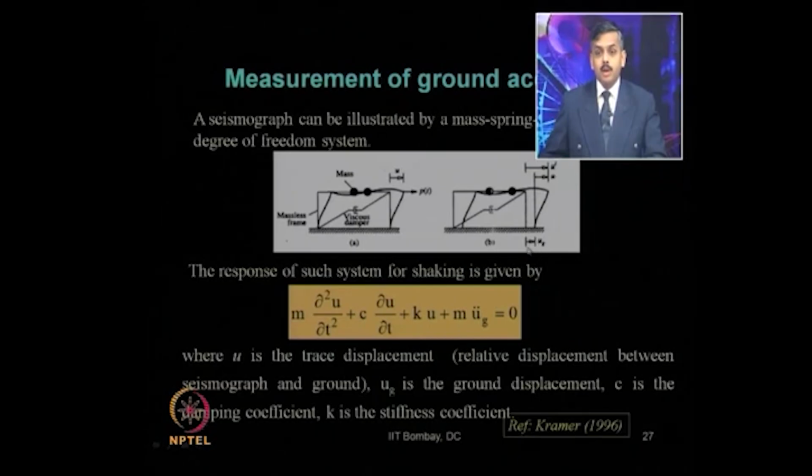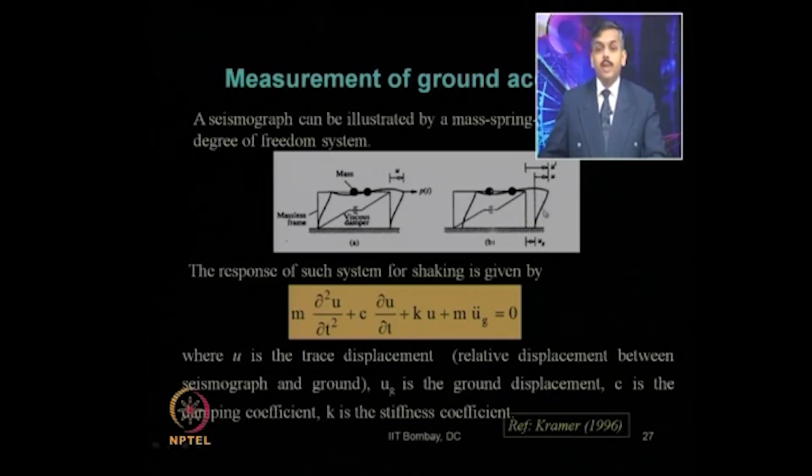As we know, ground will be moved by a certain distance due to the earthquake. Let us say the ground movement is given by u g, and at slab level or beam level, let us say the total displacement is u t, and u denotes the relative displacement between the ground and the slab level or the beam level.